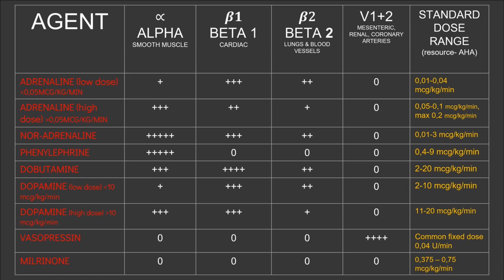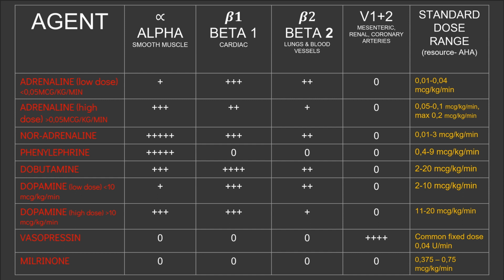So many of them have multiple adrenergic receptor abilities to affect them, but they have a greater affinity for certain ones. For example, if we look at adrenaline, it is quite a unique vasoactive agent because it changes its affinity from low dose to high dose.